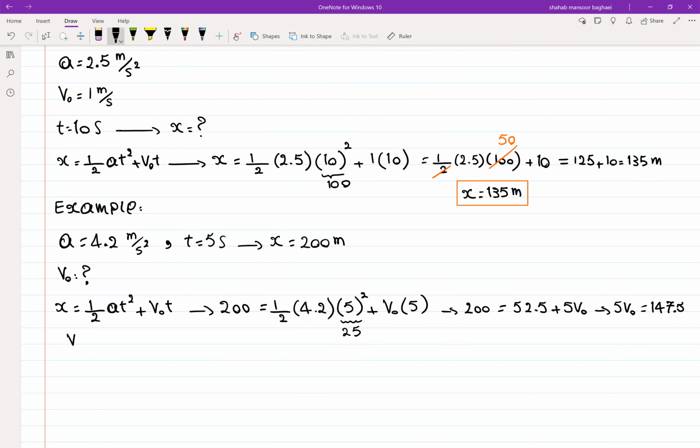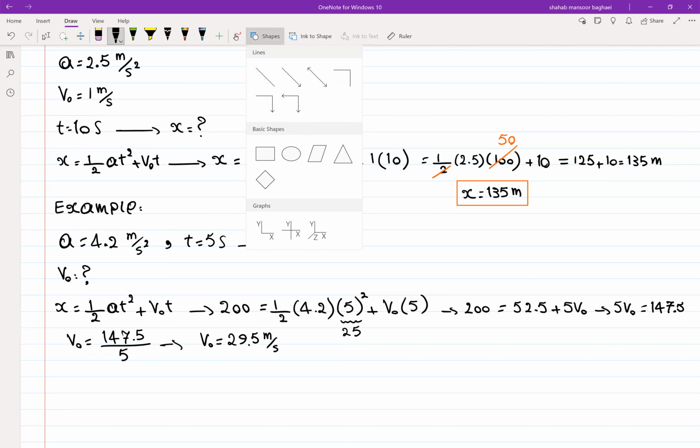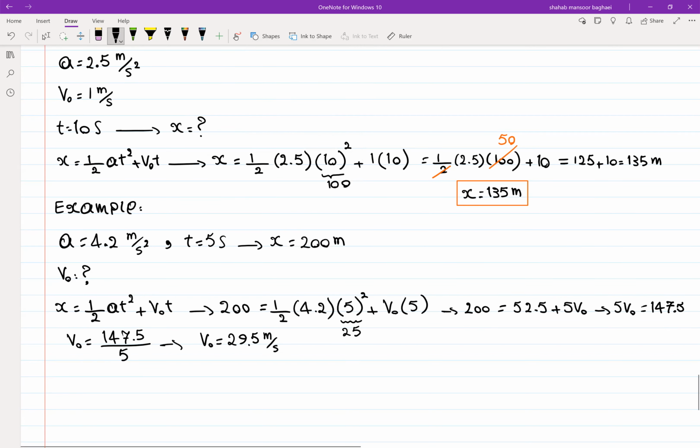And from here, find V0. It is 147.5 over 5. Therefore, V0 equal to 29.5 meter per second. That is the answer of the question.